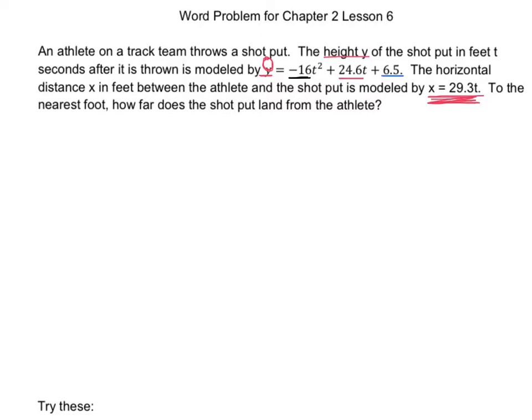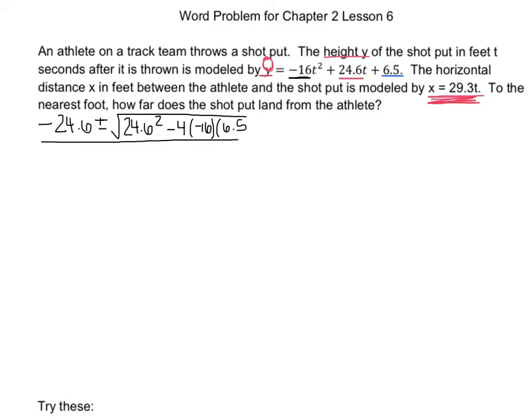So the formula tells us we have negative b, so we have negative 24.6 plus or minus the square root of b squared minus 4 times a times c, all over 2 times a.